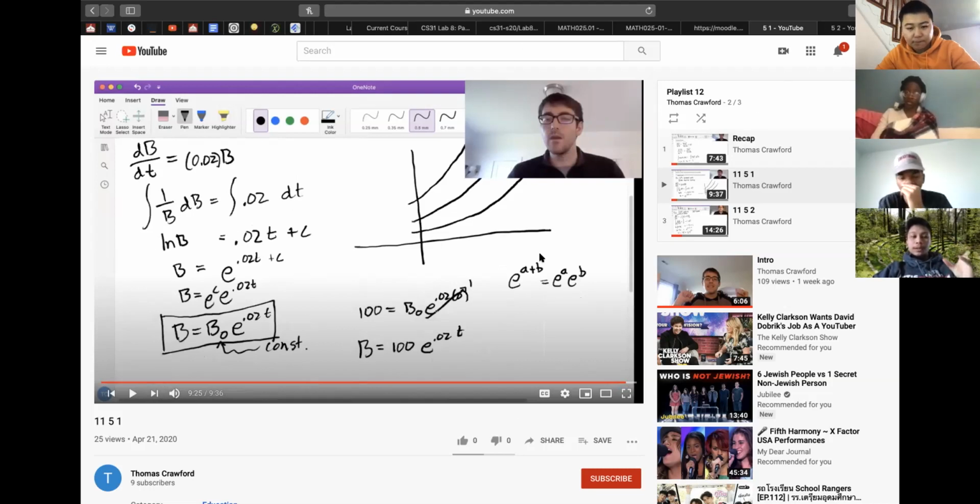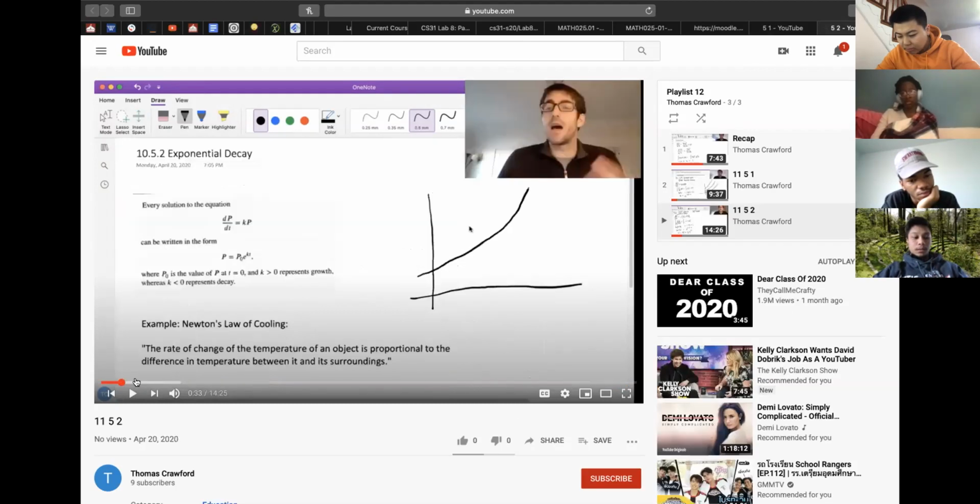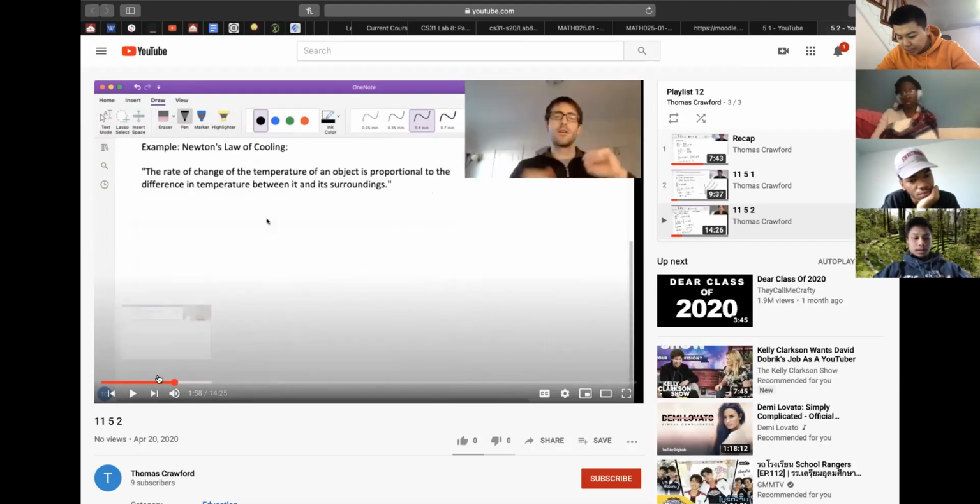What's particular about this problem is that this is exponential growth, because the rate of change is positive. For exponential decay, the rate of change would be negative. In this problem, he goes over this.